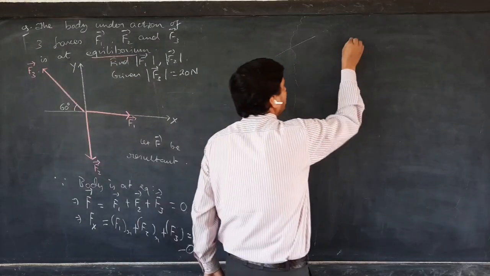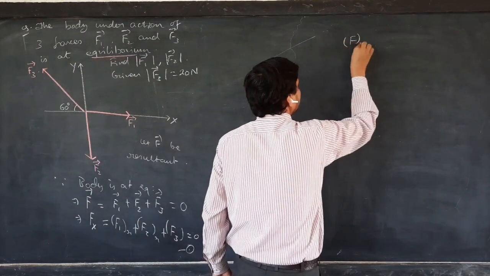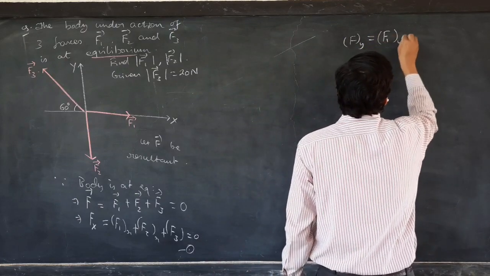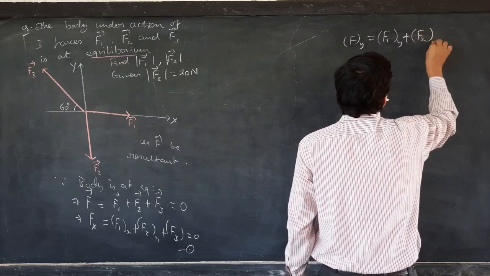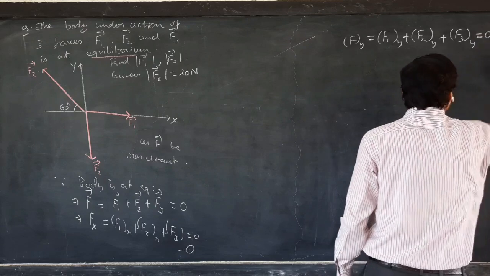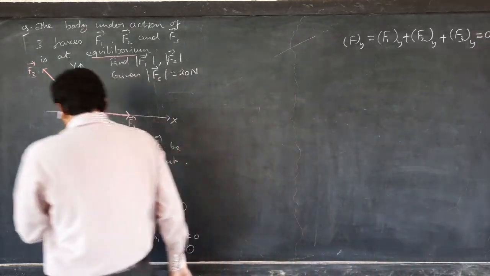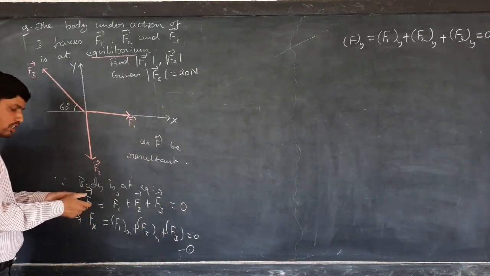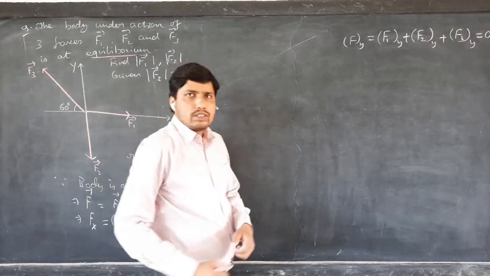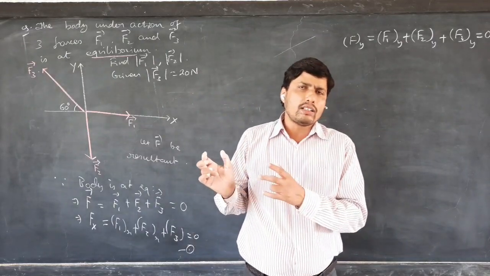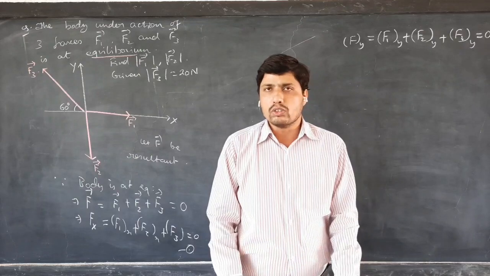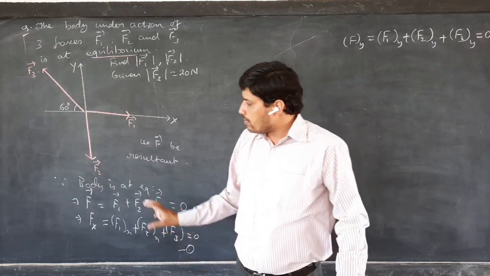And we should also have Fy, the y component of the force, which should be F1y plus the y component of F2 plus the y component of F3, and that also must be zero. If the resultant force is zero, that is possible only if its x component is zero and its y component is zero. Because if either of them is non-zero, then the total vector cannot remain a zero vector.